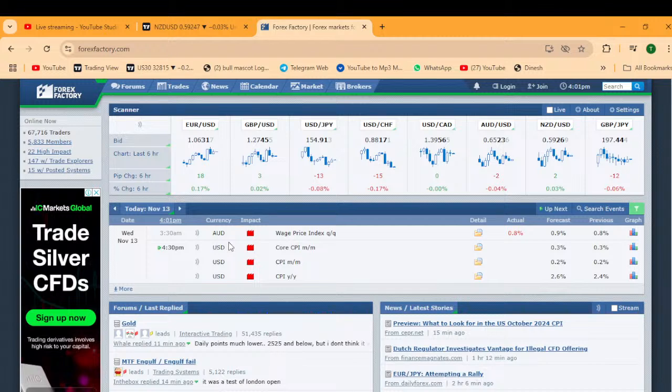We could see pairs like gold selling, pairs like GBP USD selling. It means Trump coming in was positive for the US dollar.